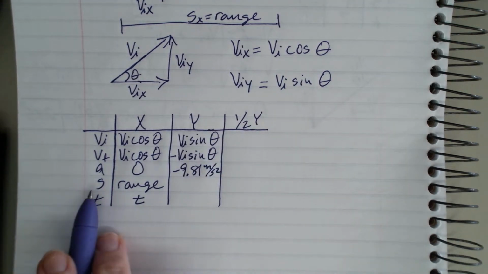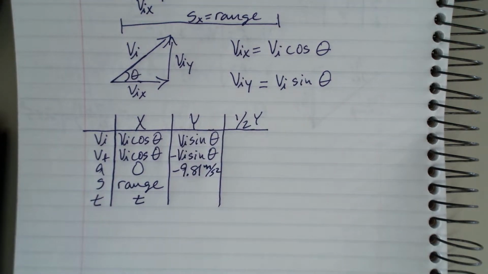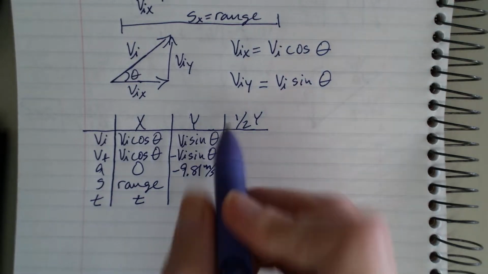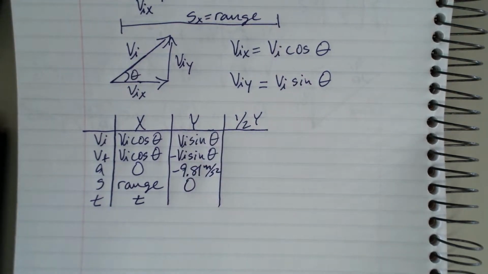Okay. The s, if it goes up and it comes back down to the exact same point, what is your s? 0. If it comes right back to the same origin that it started from, it has not gone anywhere. Its displacement, its net displacement is 0.